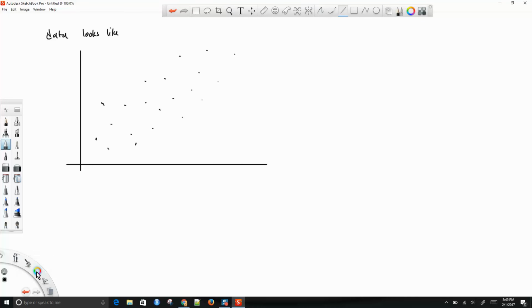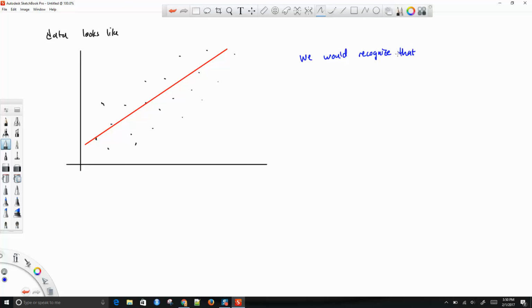Okay, this is your fit here. Basically, what this is saying is that just looking at this, we would recognize that there's a lot of variation in the data that we have.